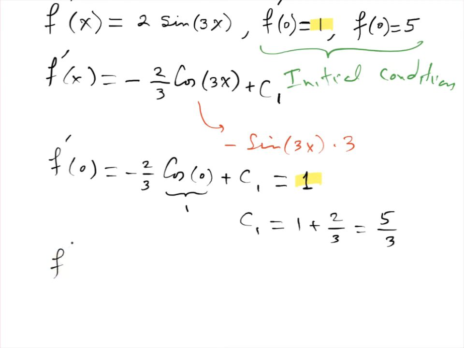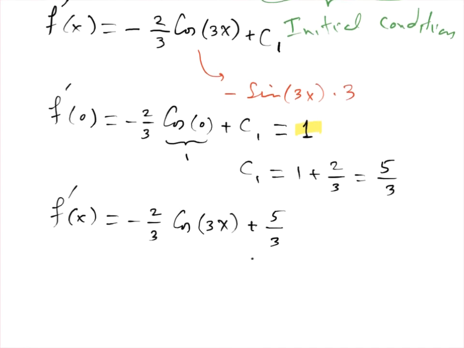So f prime of x equals minus 2/3, I'm just copying f prime from above. The only thing that's new is to substitute 5/3 for C1. So that's that.